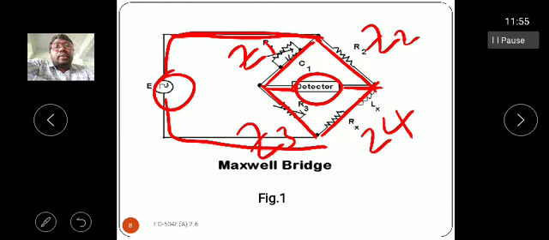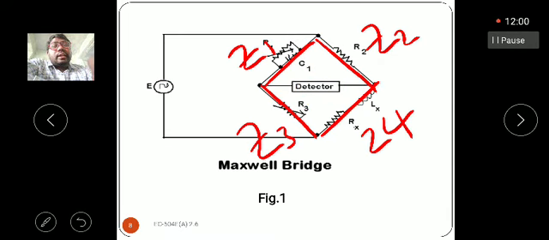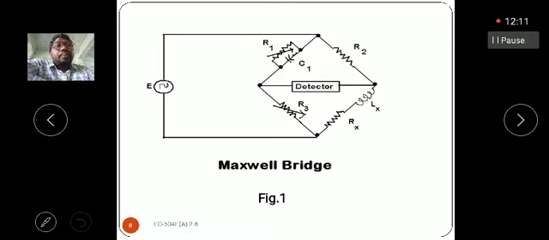In the Maxwell's bridge, we have four arms connected in a diamond shape. In the bridge circuit, we have four impedances: three known impedances and one unknown impedance. The first impedance is a known impedance with two components, a resistor and a capacitor, connected in parallel. The second arm impedance Z2 is the fixed resistance R2.